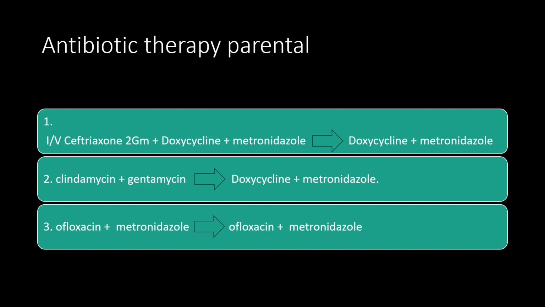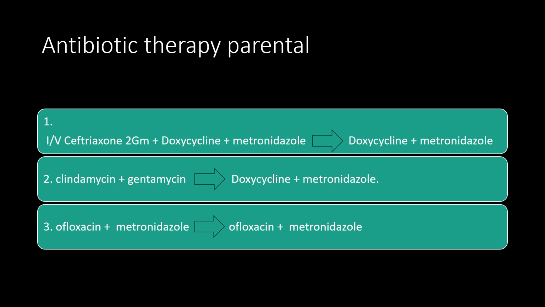Both of these regimes should have a duration of 14 days in combination, right? Initially injectable and followed by oral, when the patient becomes symptom free, but the duration should be 14 days.